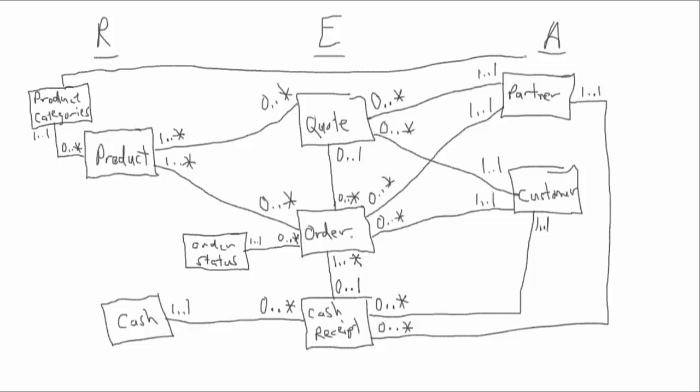And we can build the relationship with the partner where each category is assigned to a business partner, and each business partner may not have a product category to manage, but may be assigned multiple product categories. So what we have is a class model that's going to help us support building the database.